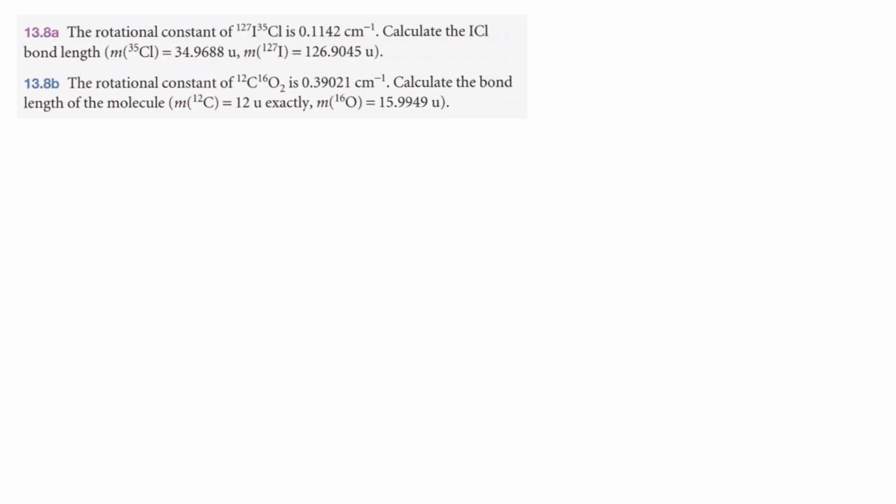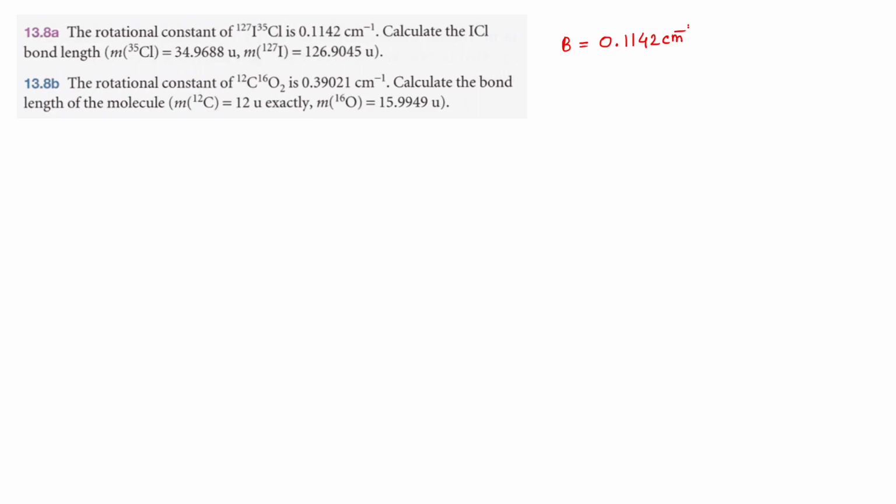Okay, so we'll go to this problem. The rotational constant is given. Calculate the ICl bond length. So again, this is more straightforward than the previous one, where your B value was given. B value is here given directly, 1.1142 centimeter inverse.